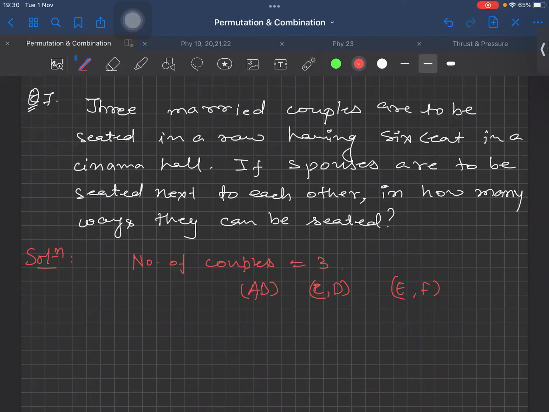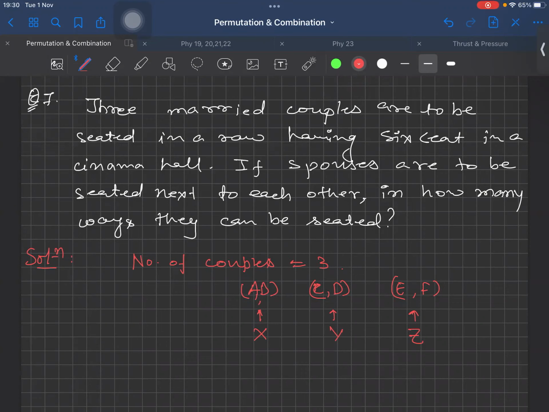Okay, let's move on. So, the number of ways of arranging three couples. Now, first, these are the three couples: 1, 2, and 3. So these three couples can be arranged in how many ways? Three factorial ways, right? Let's say these are X, Y, Z. X couple is having AB, Y couple is CD, and Z couple is EF.